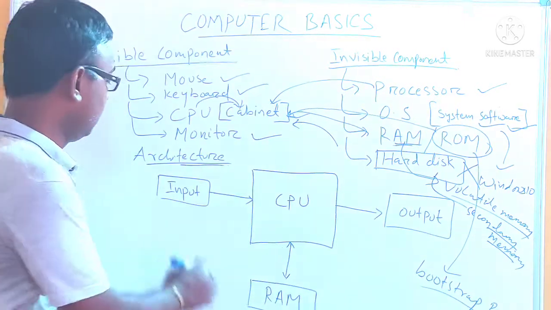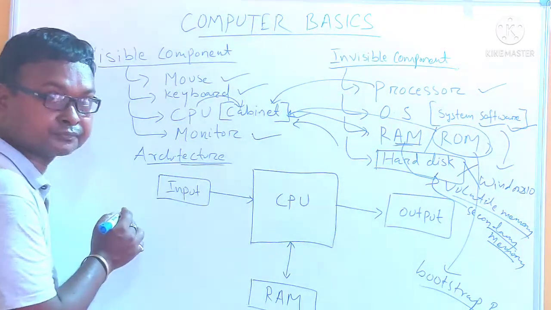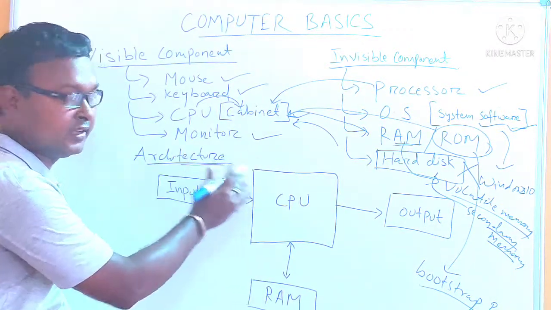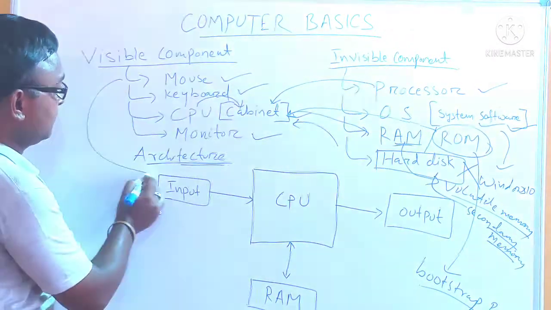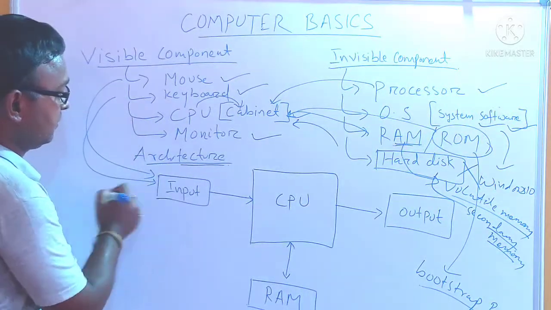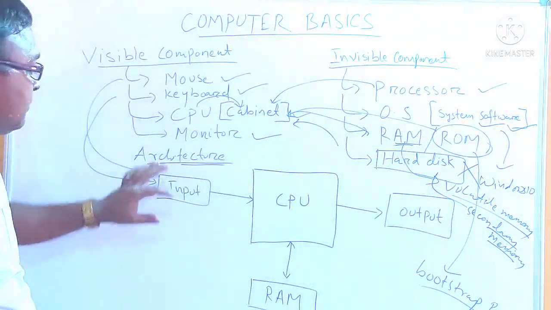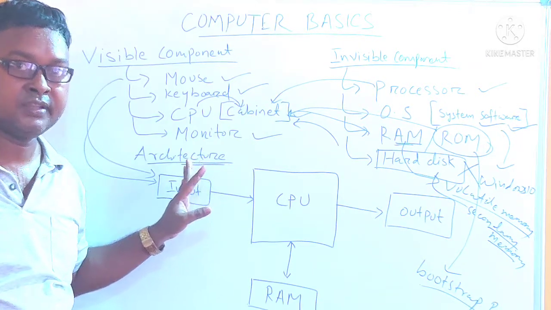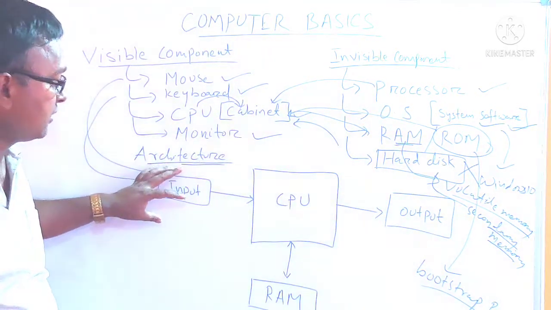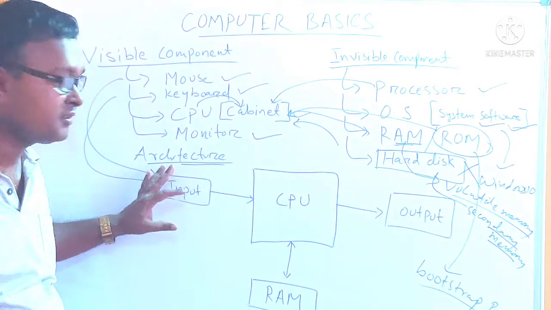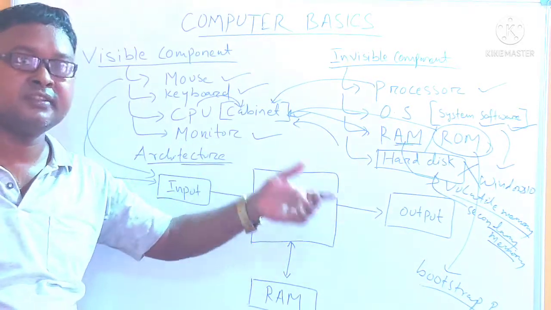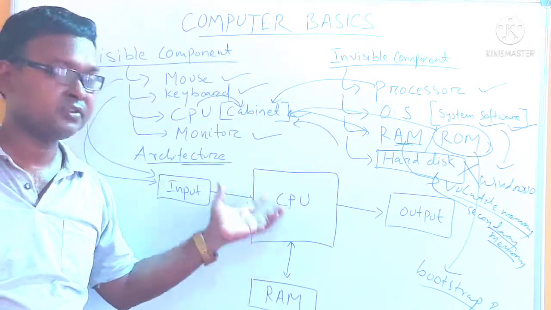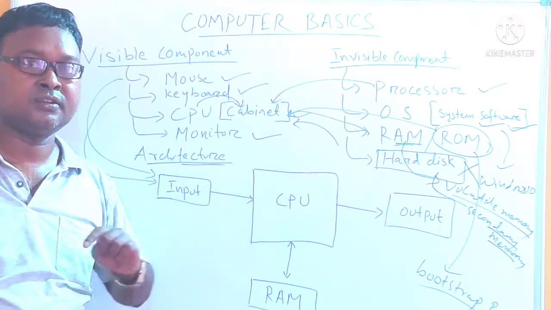Okay, what is input? You are giving the input to the computer system through the input devices. So your mouse and your keyboard are the input devices. You can identify in that way. Input means you are giving the instruction to the computer system to work upon that, to process that work or to complete that work.